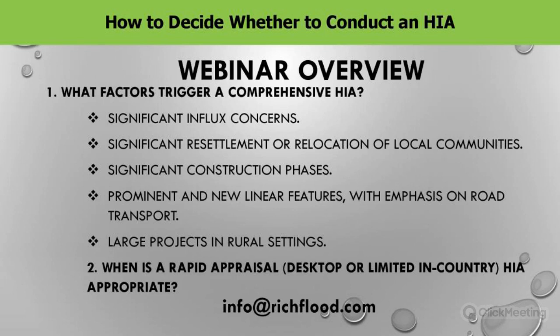Okay, so what factors trigger a comprehensive HIA? Significant influx concerns. If the project is going to have a high influx of people, high influx of interest in a particular community that has been lying quiet and peaceful and serene, and the project is coming up, which of course should have some benefits to the community.